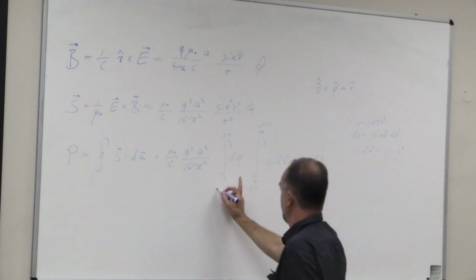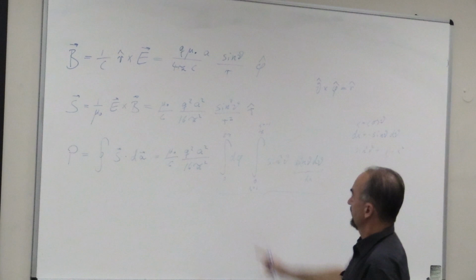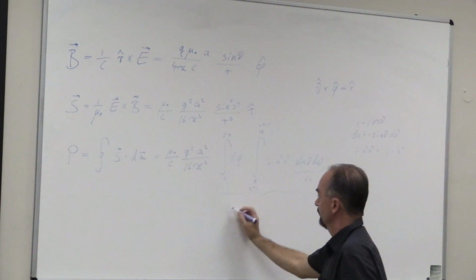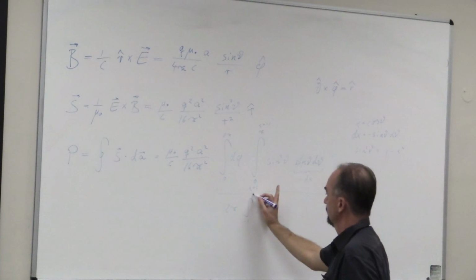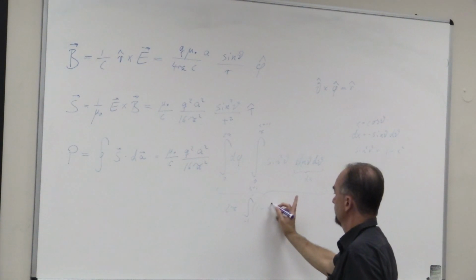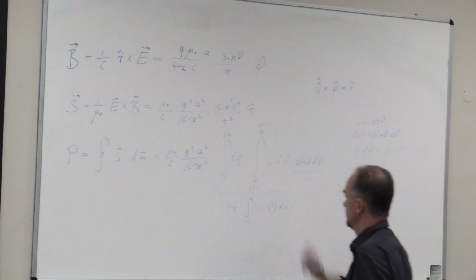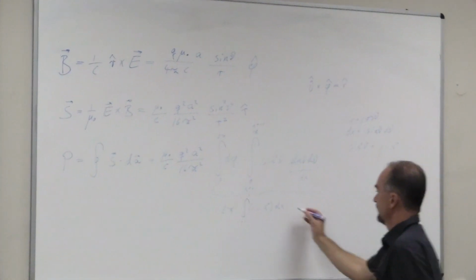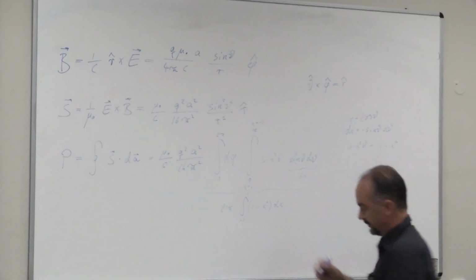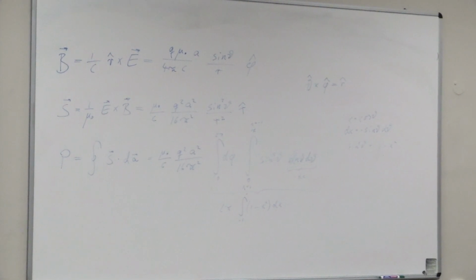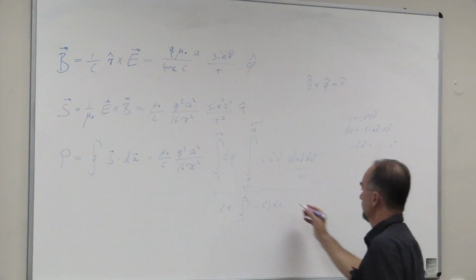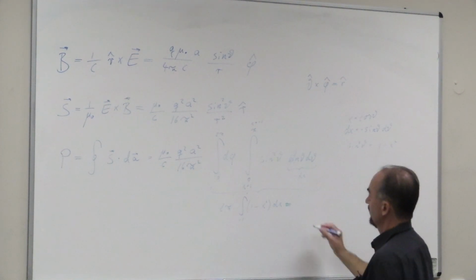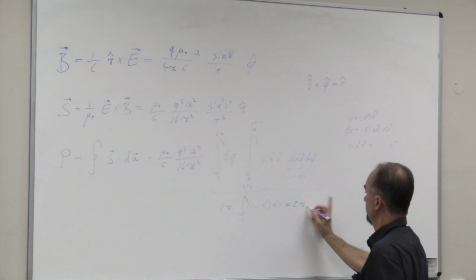So we have from this, nothing depends on phi, so we just have 2 pi. And we have the integral minus 1 to 1 of 1 minus x squared dx, right? So this equals 2 pi.